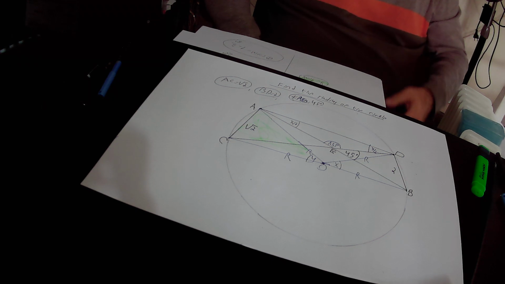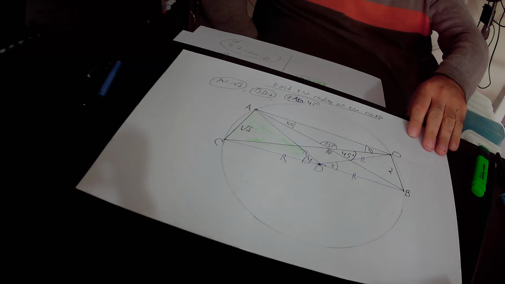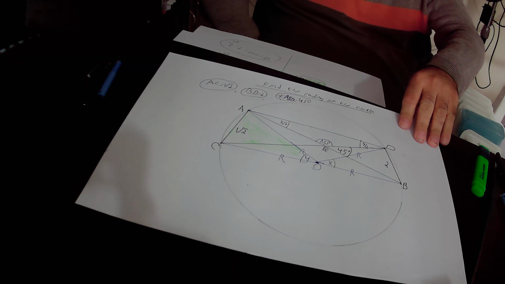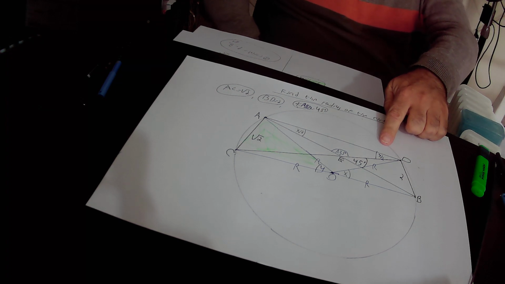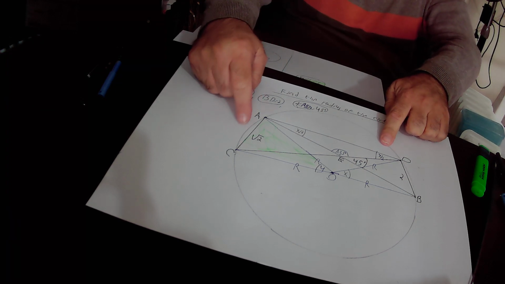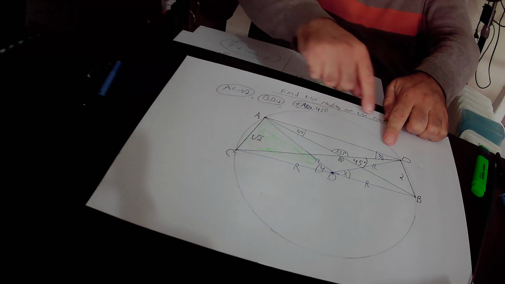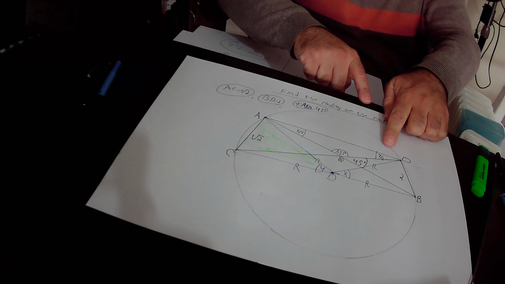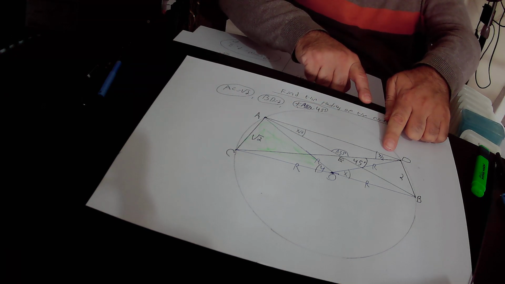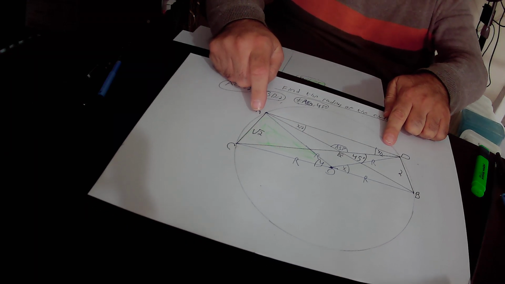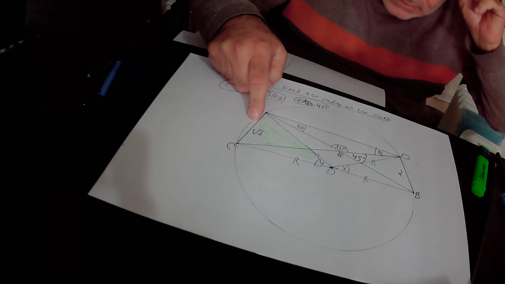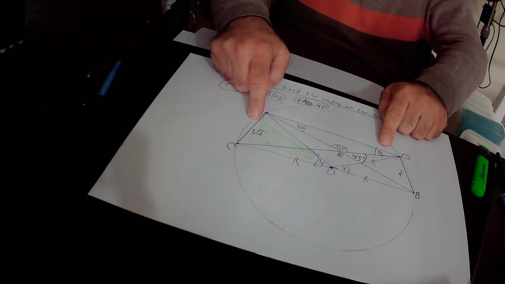And in the next step, we focus on chord AC. We define this angle, the peripheral angle ADC that rests on chord AC, as y over 2.